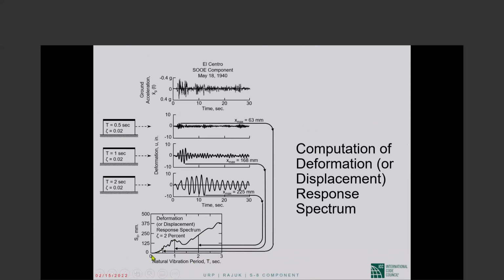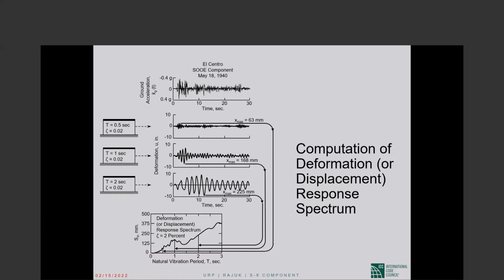Remember, we are plotting on the x-axis the period of the structure. This is 1 second, 2 second, 3 second. And on the y-axis, the maximum computed displacement at the roof level. The maximum displacement is also called spectral displacement. Those are identical things.